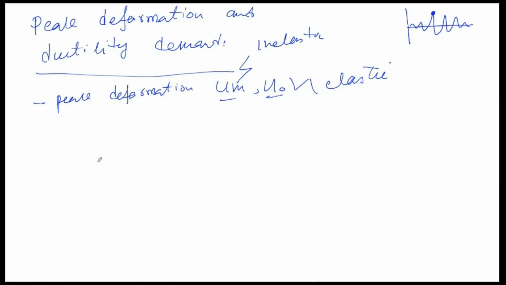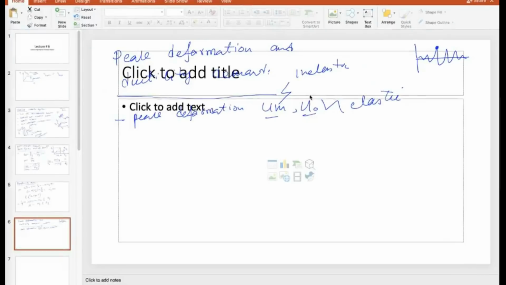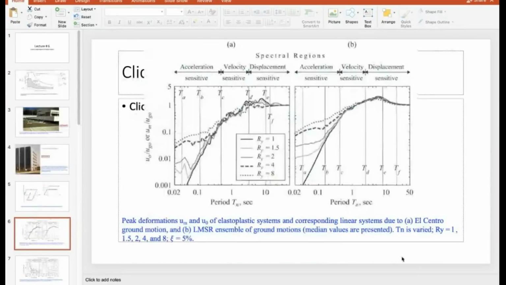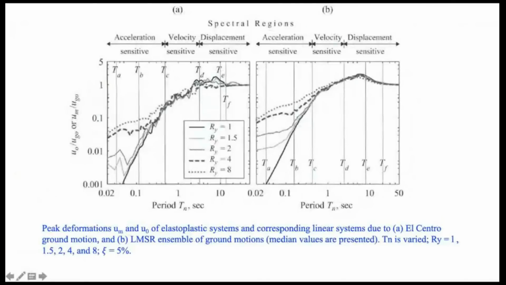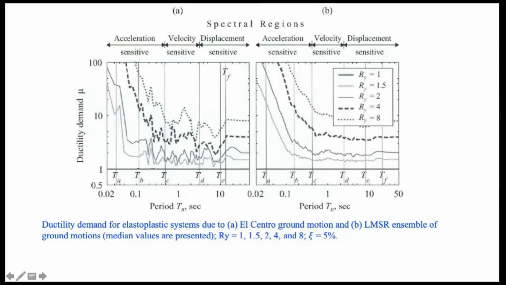Let me just show you an example. What you see in this example figure are the plots of peak deformation um and u naught of the inelastic system or the elastic system, and on the other side, these plots are also shown in terms of the ductility.